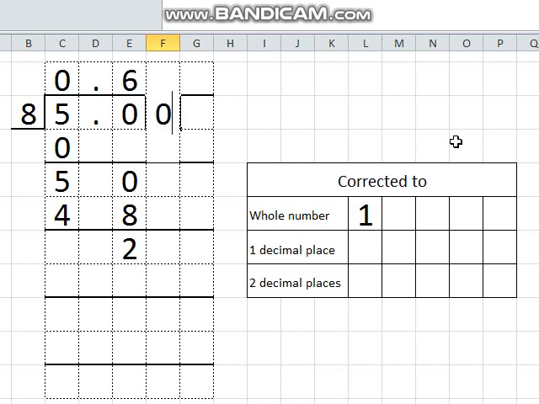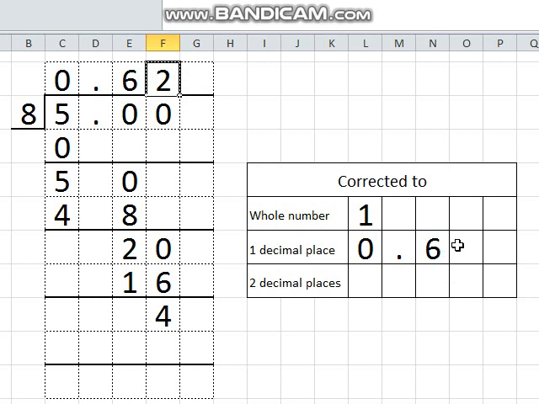You have the invisible 0 here to help you, and then move the invisible 0 down here, and then we can continue. 20 divided by 8, the closest answer that you can get is 2, and then the result is 16 here, and then you minus, you get the 4, and then you see 0.62. This one has 2 decimal places. When you correct to 1 decimal place, then this one will become 0.6. Okay, because the last digit here, 2, is smaller than 5.